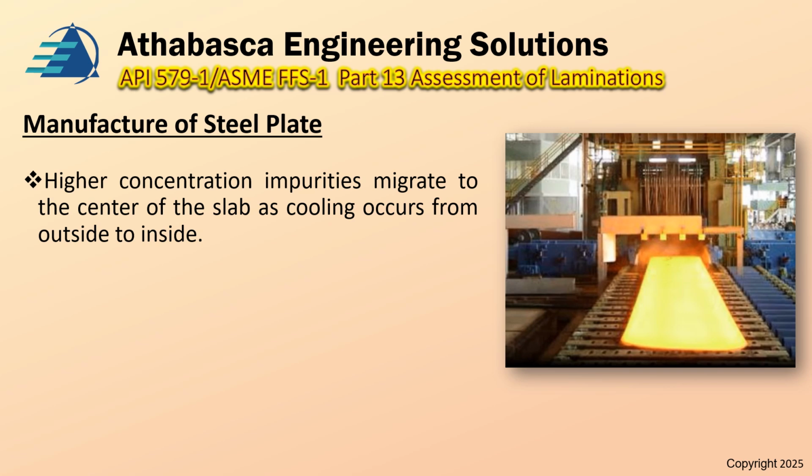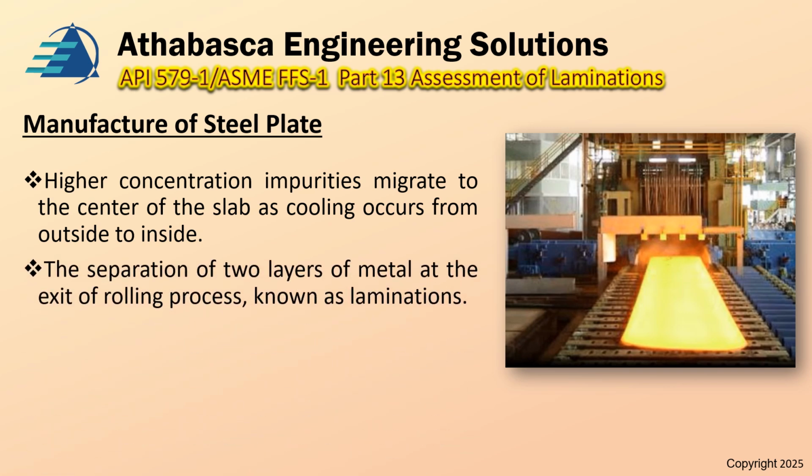So the higher concentration impurities migrate to the center of the slab as cooling occurs from inside to outside. The second thing is that there's a separation of the layers of metal at the exit of the roll process, and this is known as laminations.